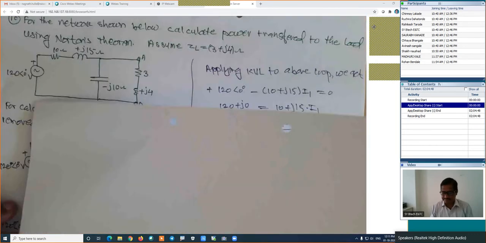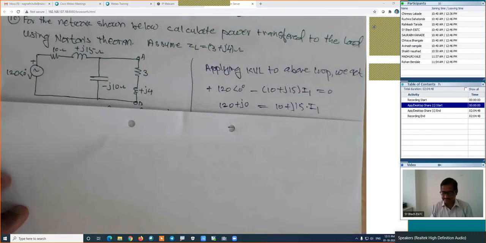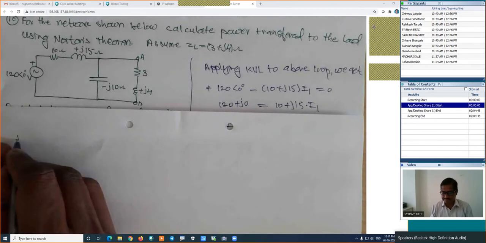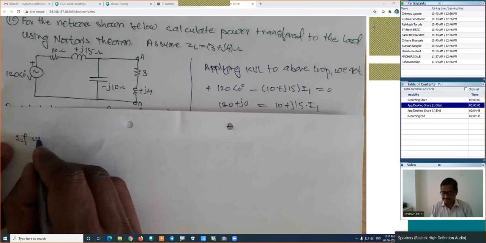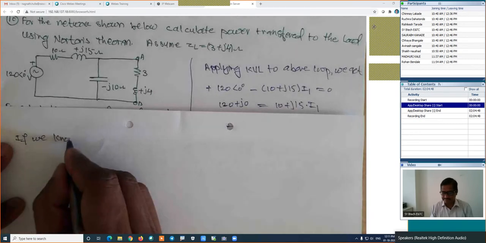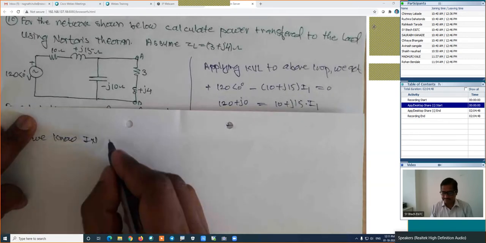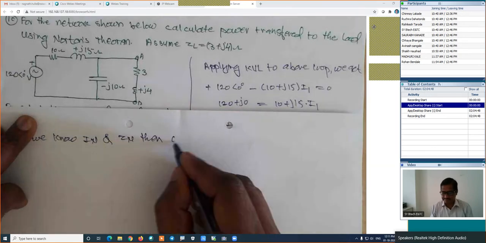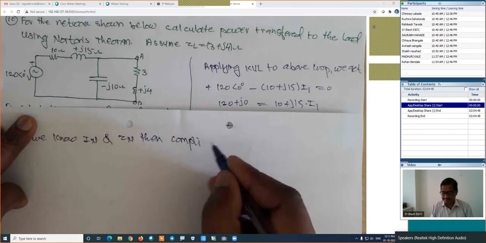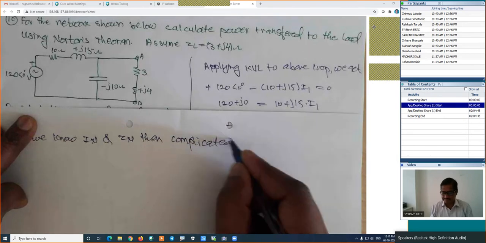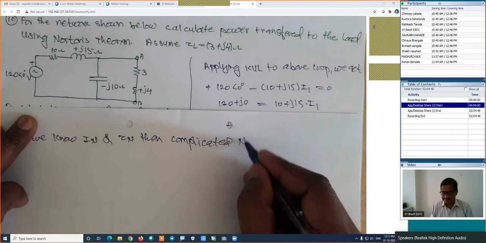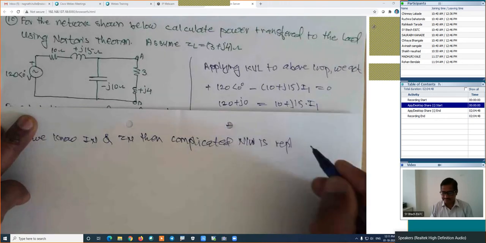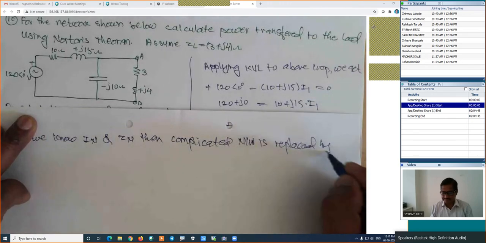Now, if we know the value of In and Zn, then the complicated network is replaced by Norton's equivalent network.